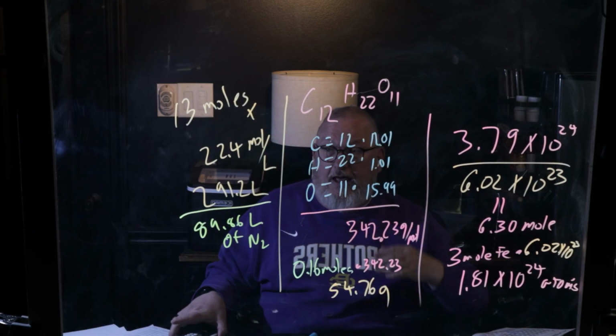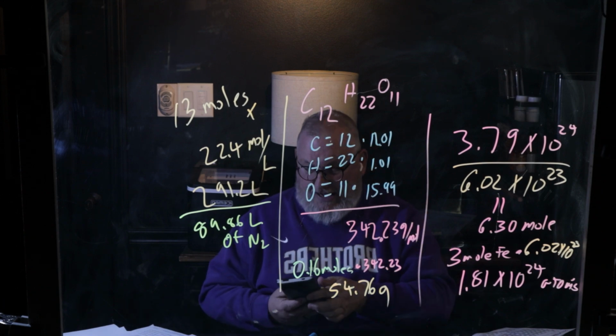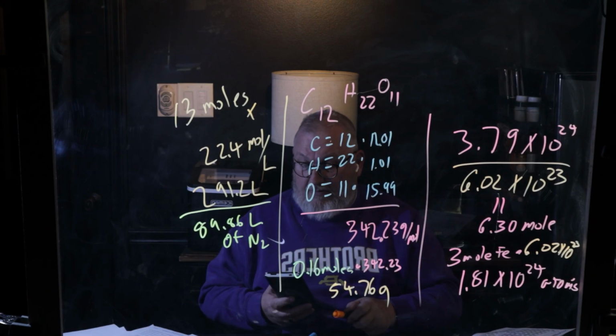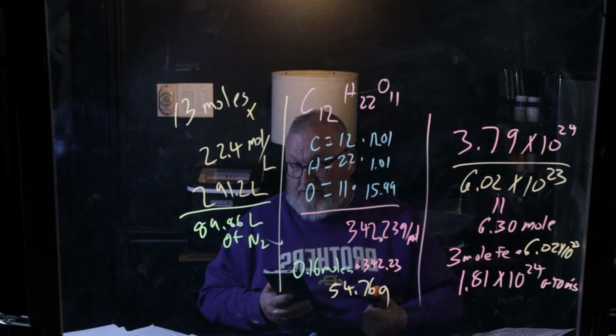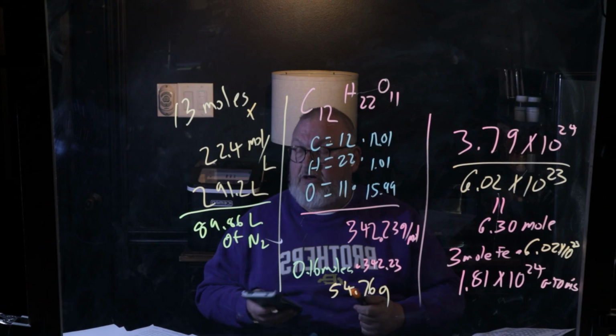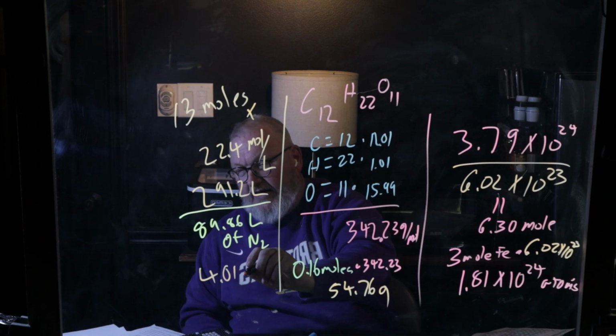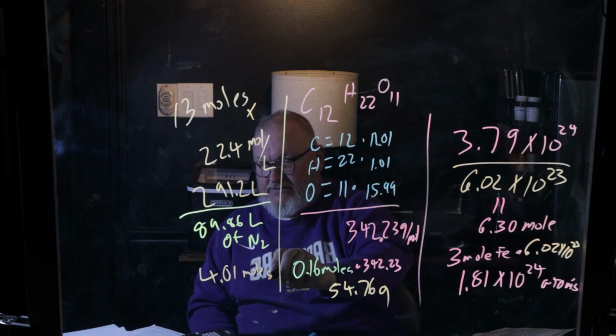That's simple: I divide 89.86 by 22.4 and that gives me the number of moles. I've got 4.01 moles of nitrogen gas.